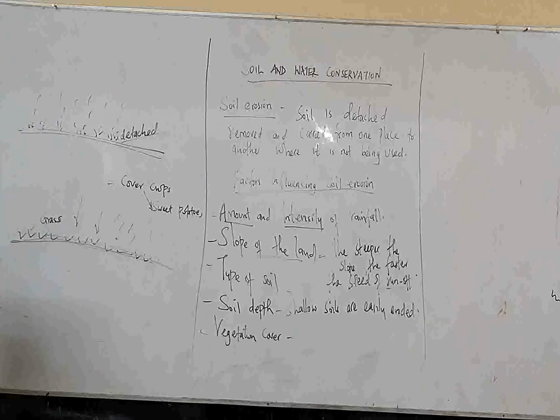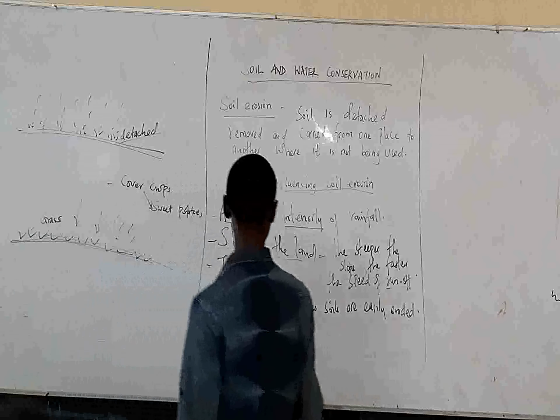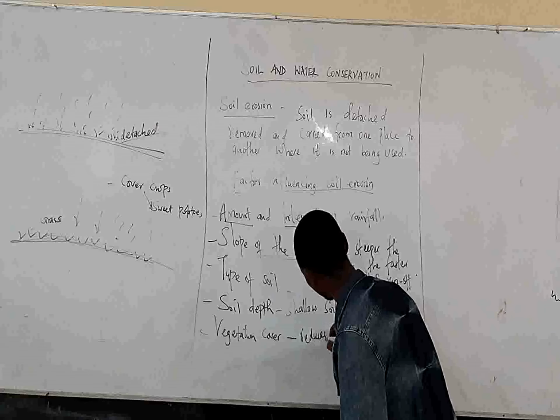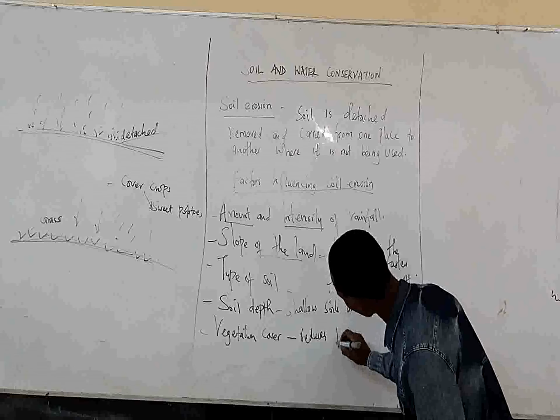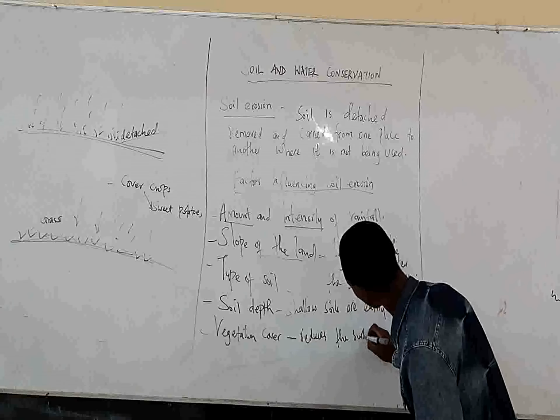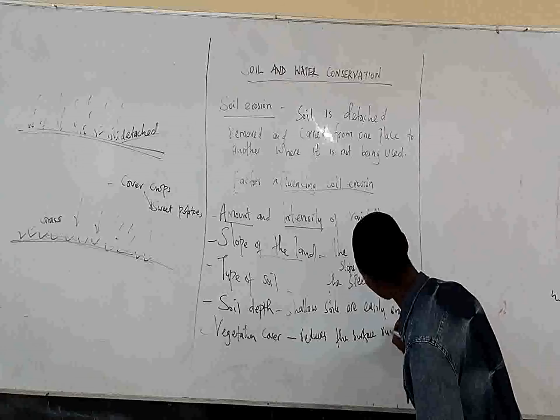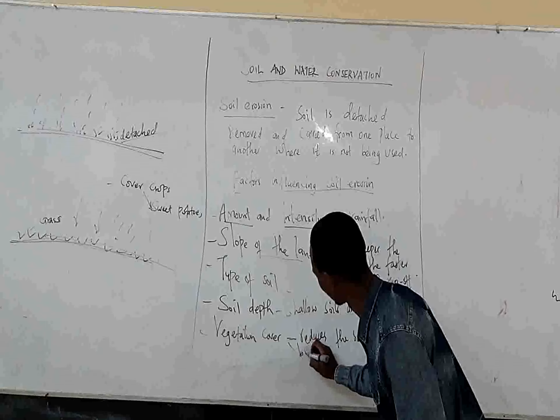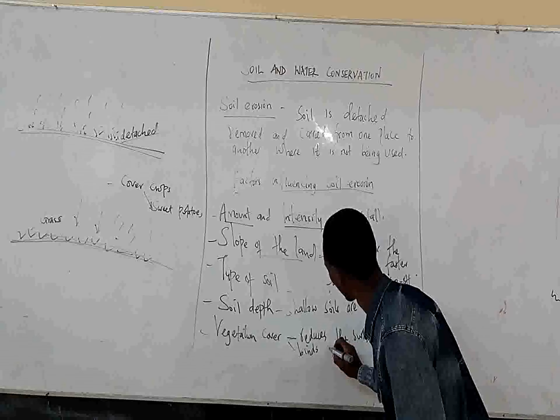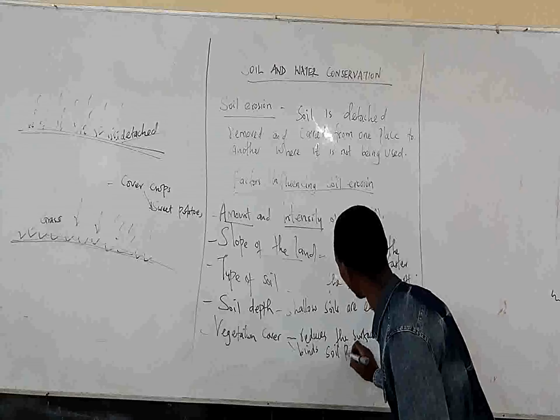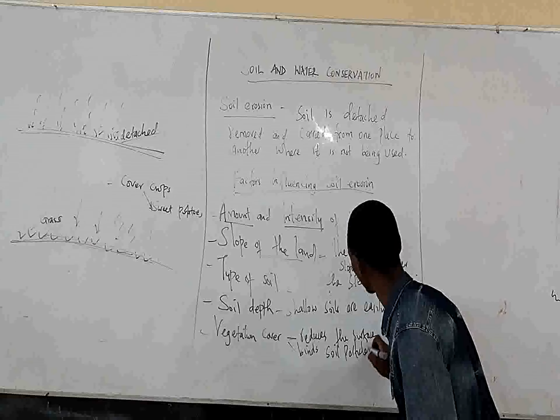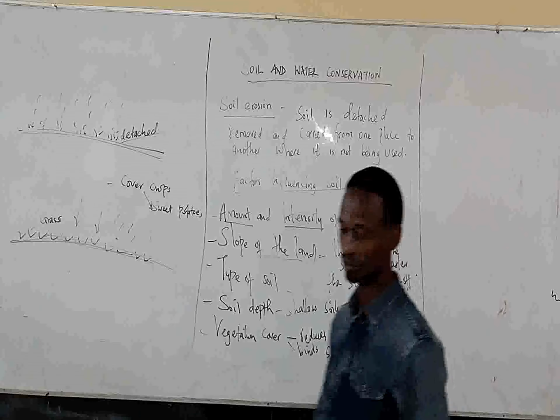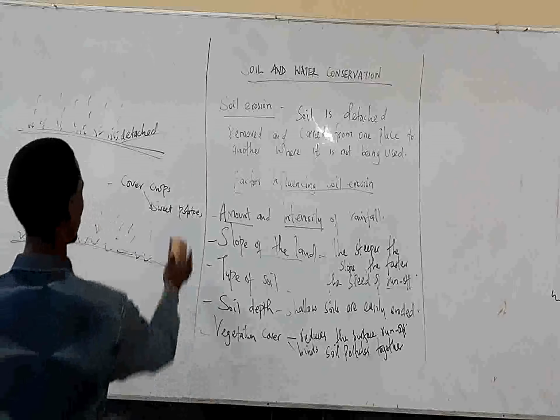So vegetation cover helps to reduce the surface runoff, and it binds soil particles together.